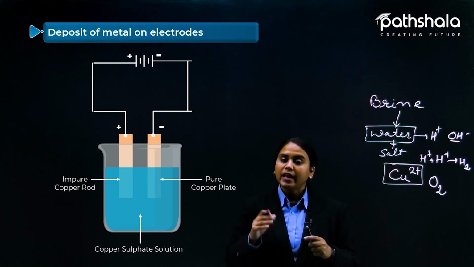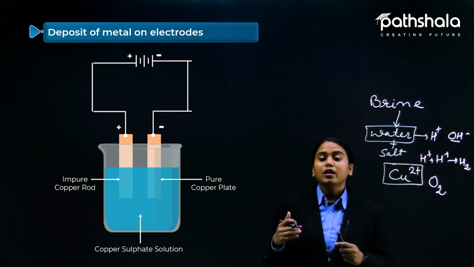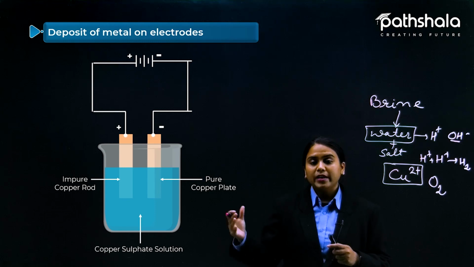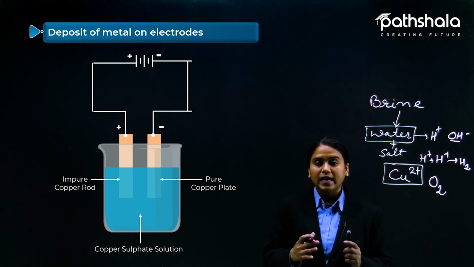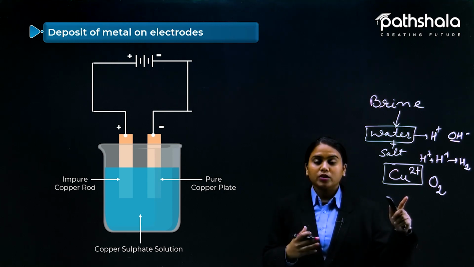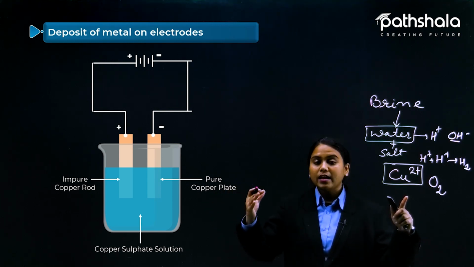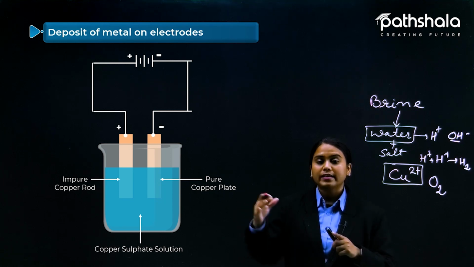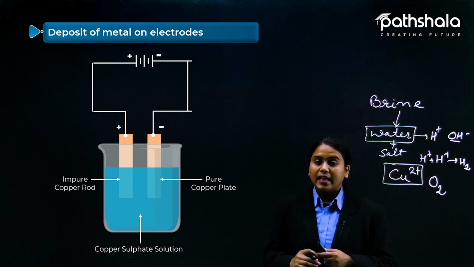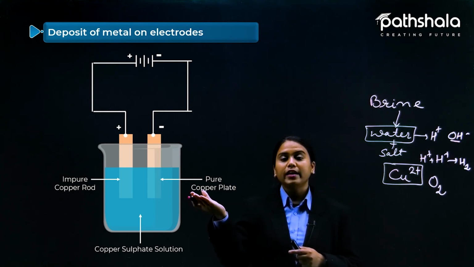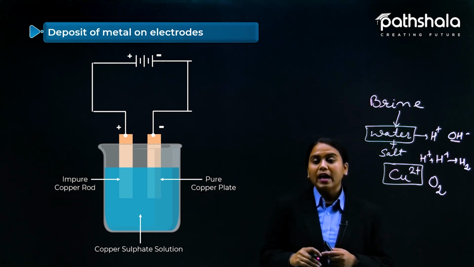Copper sulfate, likewise. Here we need to plate the copper and store it at one side. So this is positive, so it will release all of its copper ions towards the negative terminal. That is why we will get all the pure copper at this plate, that is the cathode.